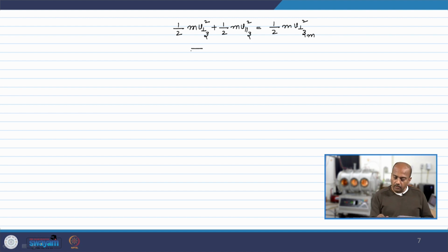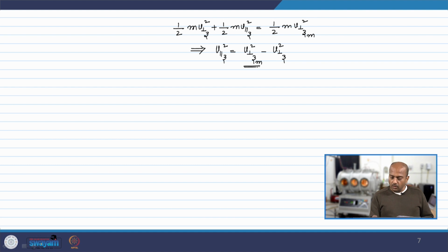So, we can cancel the half m that appears on all sides, and we will write v parallel z square is equal to v perpendicular zm square minus v perpendicular z square.